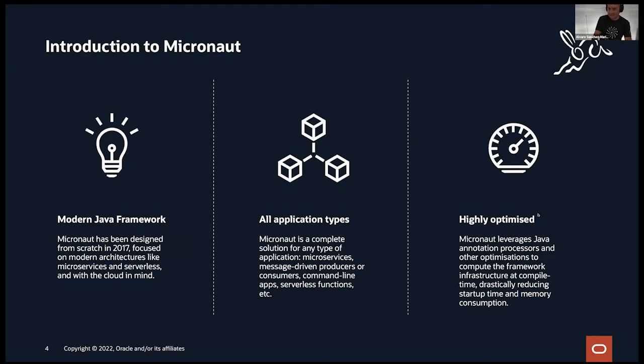The third idea is that it is highly optimized for performance, and I will explain later in the next slide how that works. But essentially, we have invested a lot on making the framework with a very low startup time and a very low memory consumption.